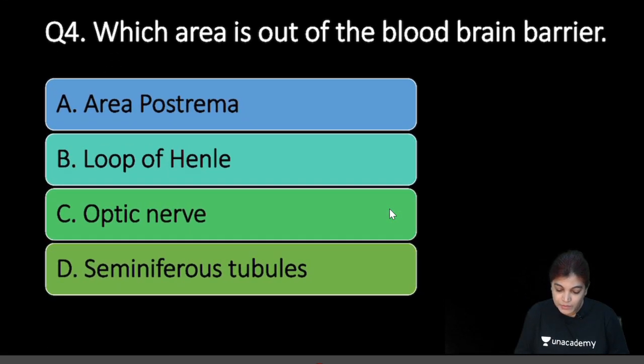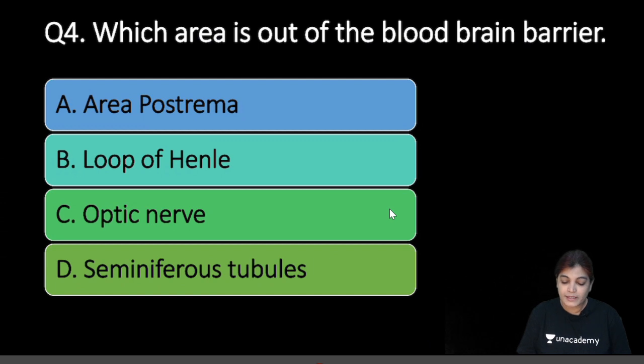Now coming to the fourth MCQ. Which area is outside the blood-brain barrier? Four options are given: area postrema, loop of Henle, optic nerve and seminiferous tubule.